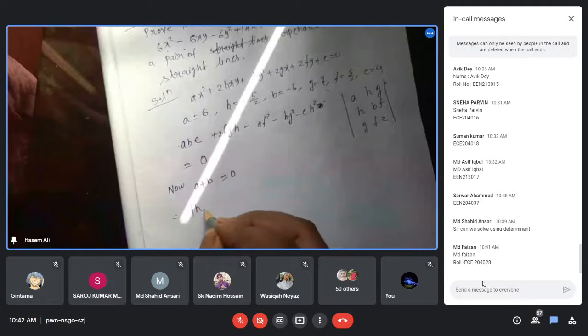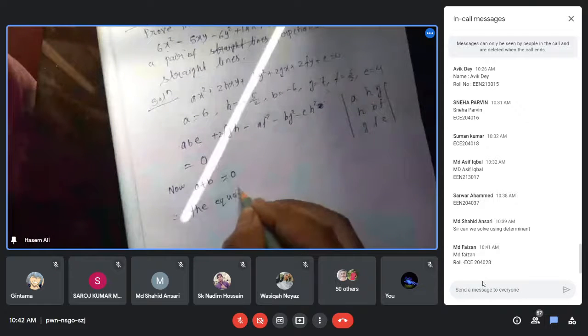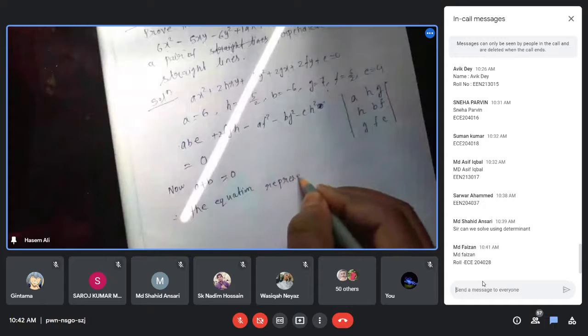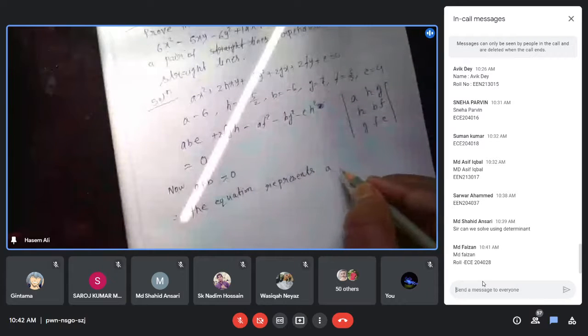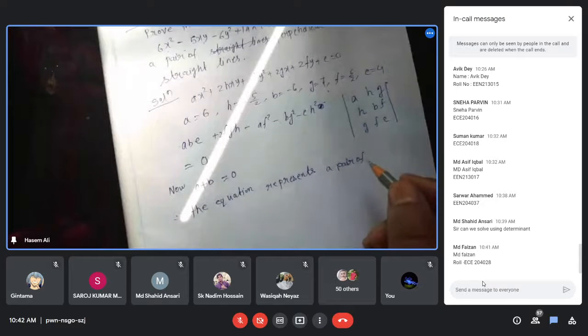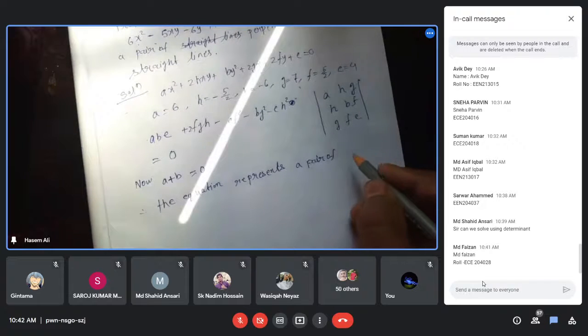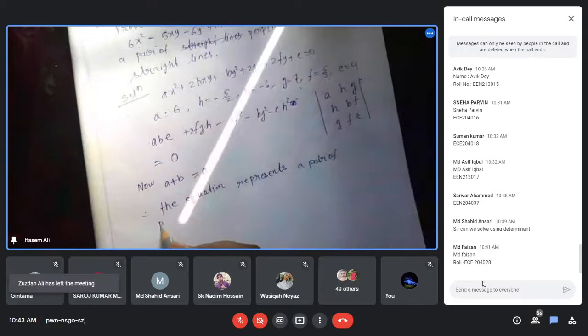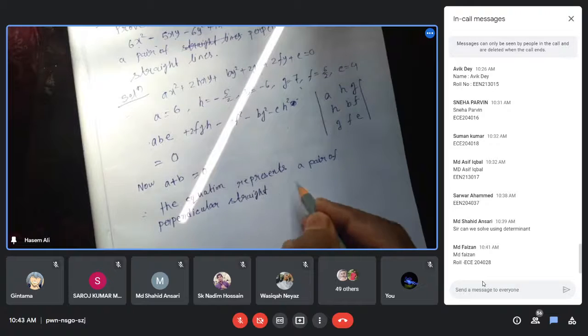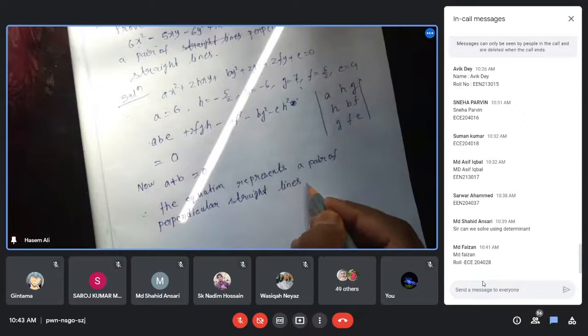Therefore, the equation represents a pair of perpendicular straight lines.